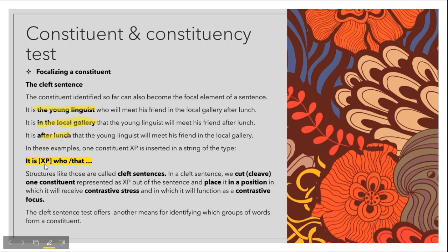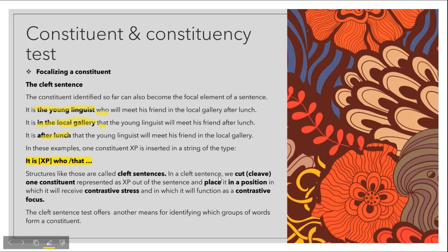Okay. Who, here it is, who comes with the NP, and that comes with the PP. Okay. Structures like those are called cleft sentences.